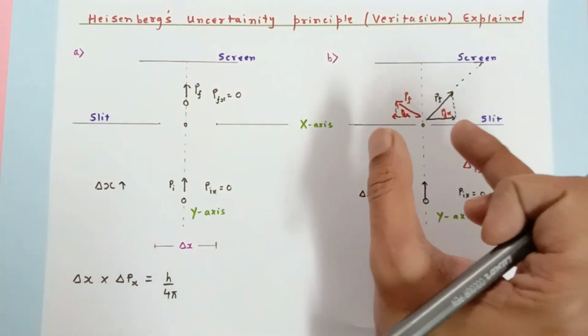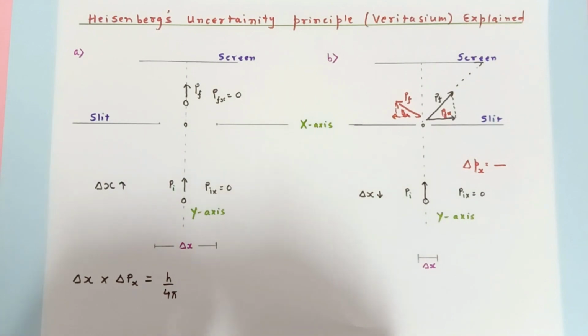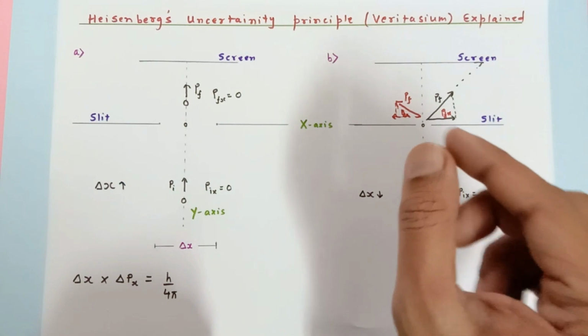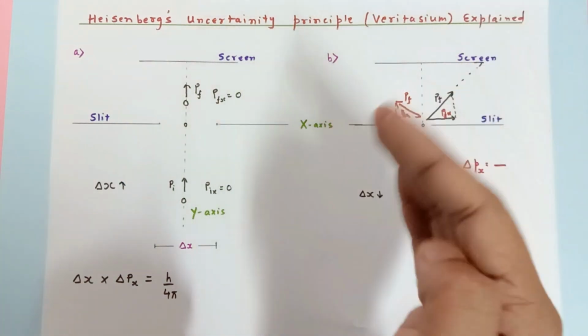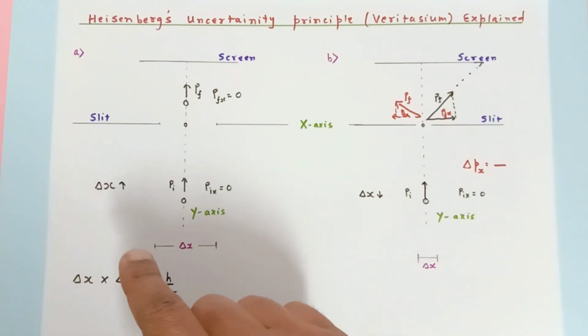So if you are decreasing delta x, delta px must go high, and delta px must only go high. They will only go high if the beam of photons, if they fan out in both the directions, because they have to keep up the Heisenberg's uncertainty principle.